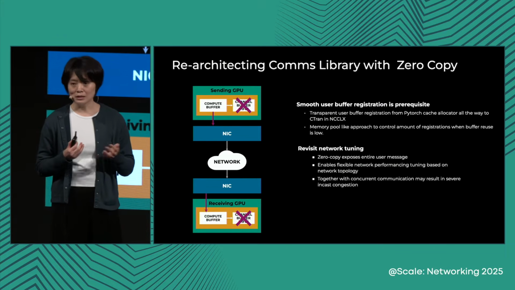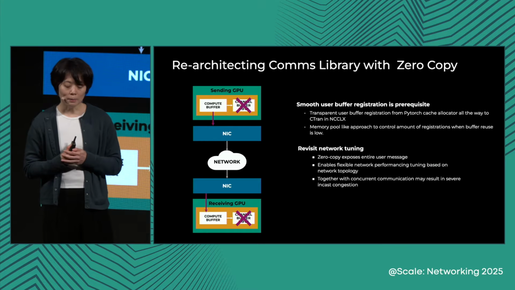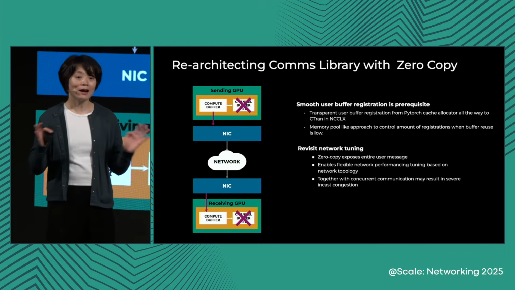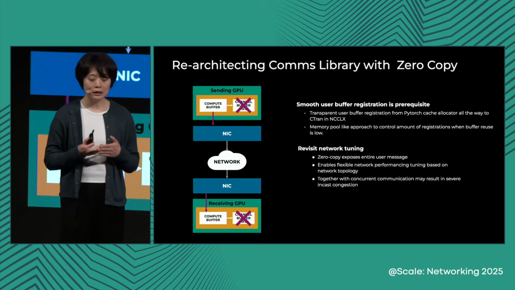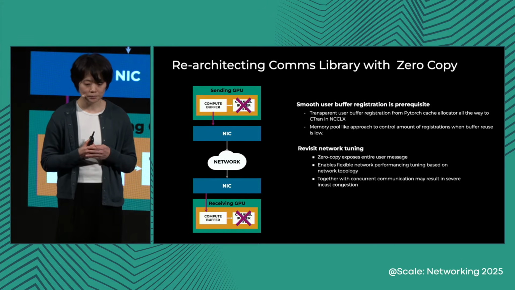Zero copy itself gives us more benefit than just solving the resource contention problem. One big benefit we could get is that now we can expose the entire message to the network layer. So our transport can be more flexible to configure the load balancing scheme, such as packet splitting, number of queue pairs, and so on.